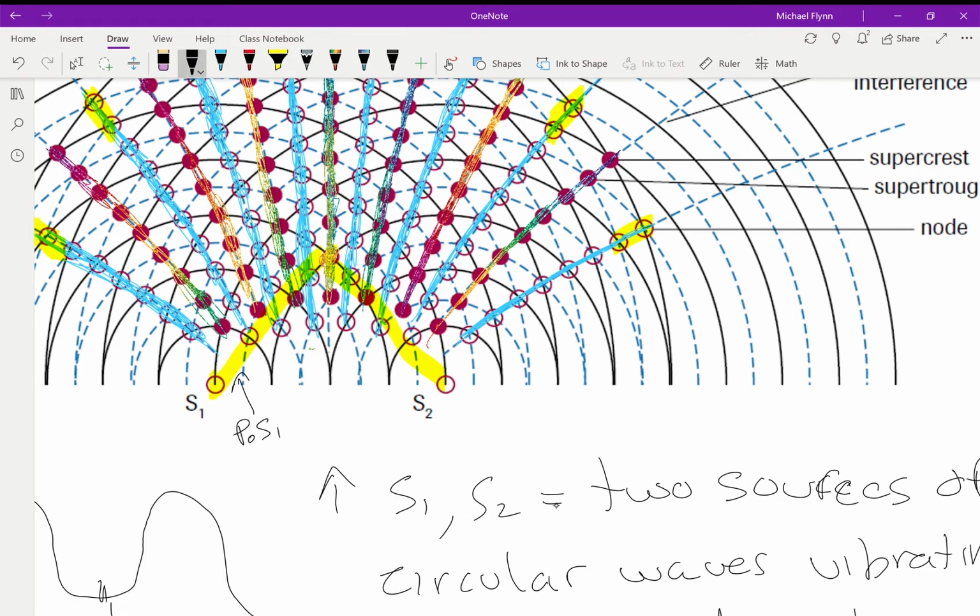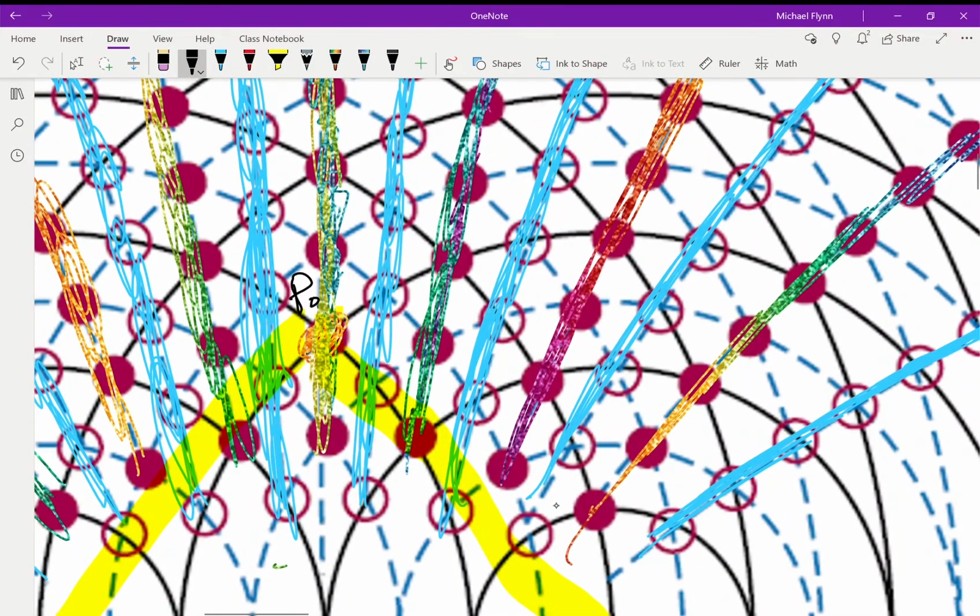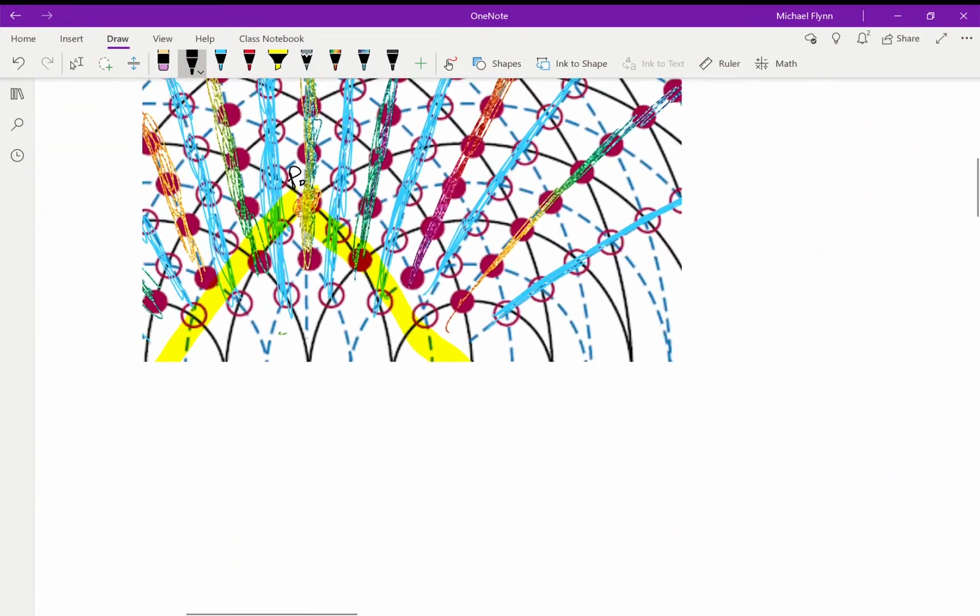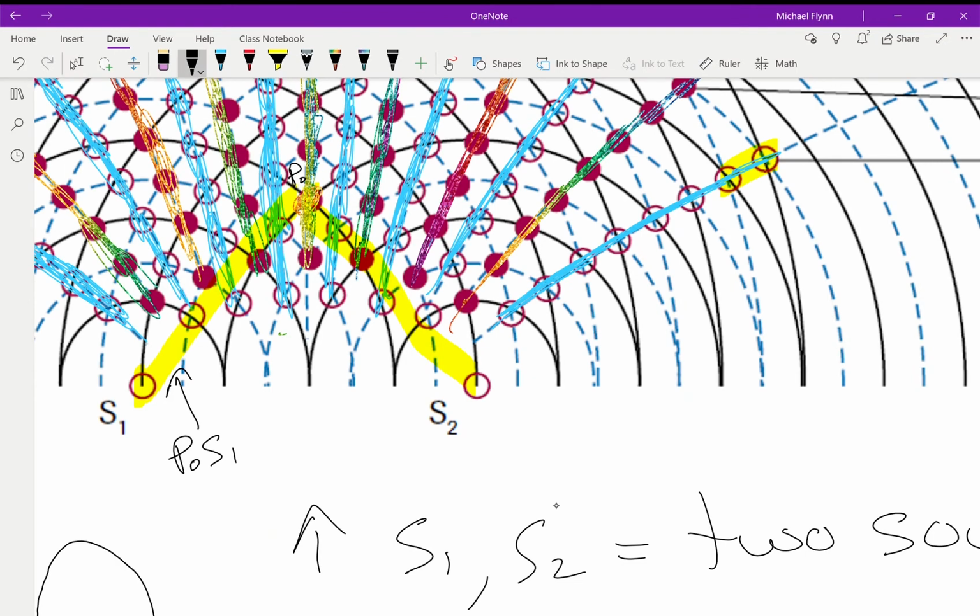S1. And my point would be P0. Where they meet is P0. And then this line here is P0 S2.